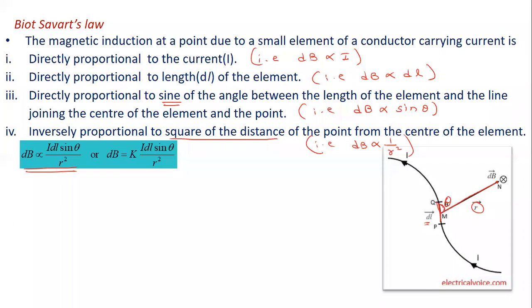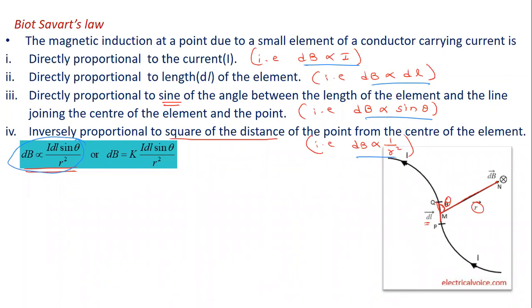So this dB proportional to I, proportional to dl, proportional to sine theta, inversely proportional to r square. So we combine everything, we get this as the mathematical equation of the Biot-Savart law.